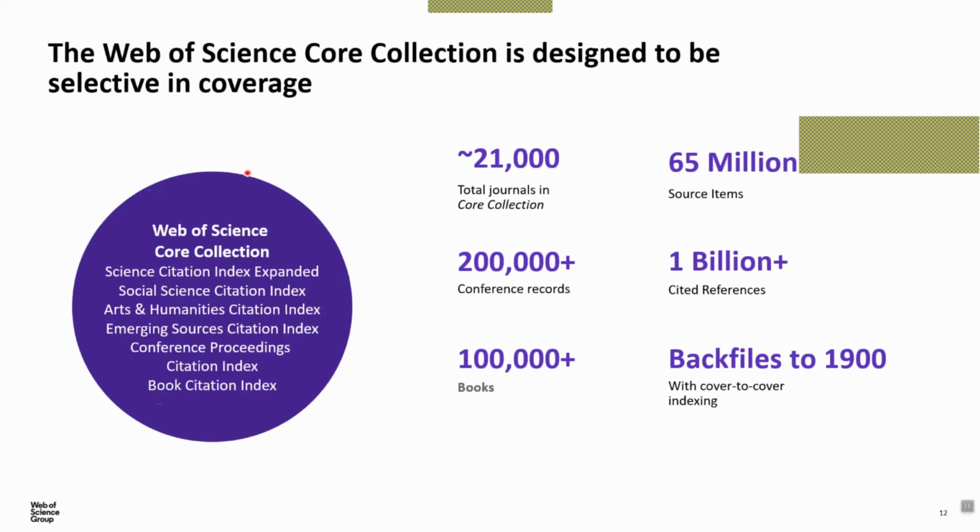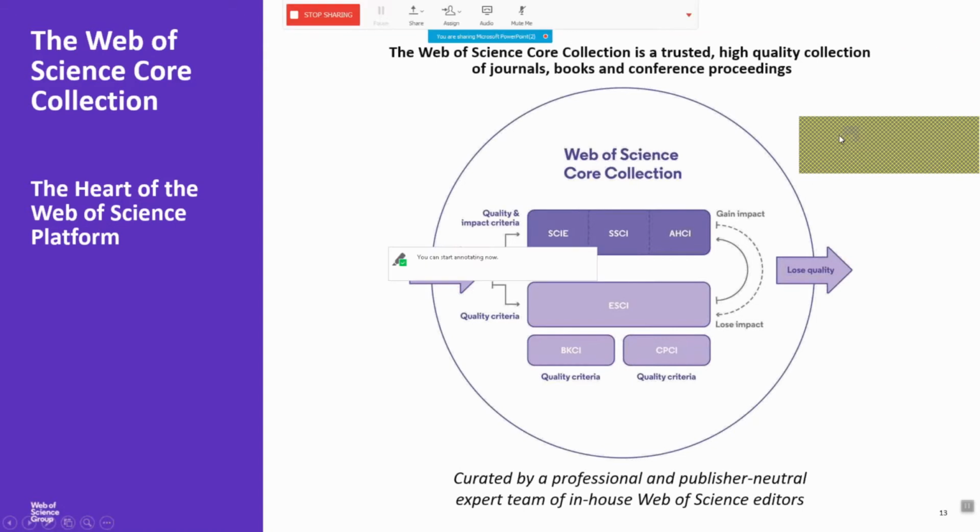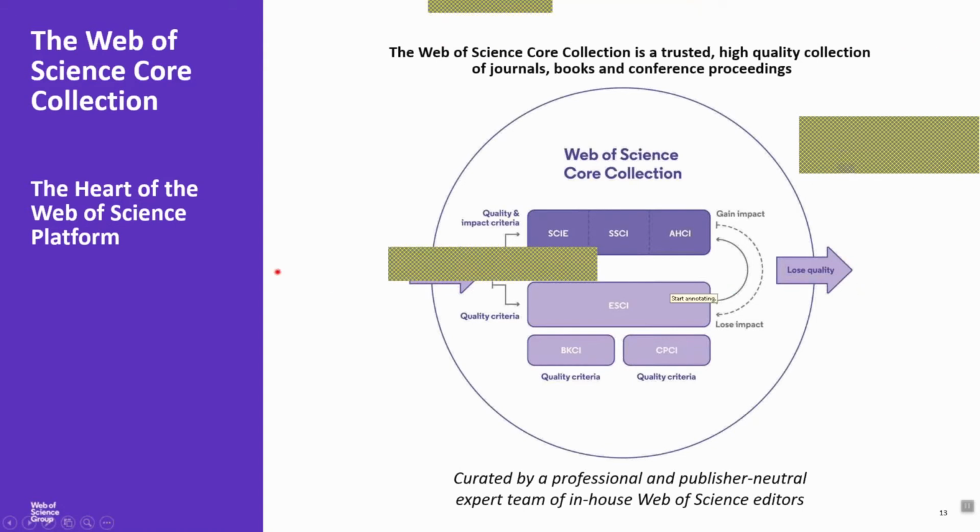But not every journal in here has an impact factor. Now on this screen, this is the overview of what the differences of each of these collections are. So every journal that wants to be indexed in Web of Science core collection has to go through an evaluation process.